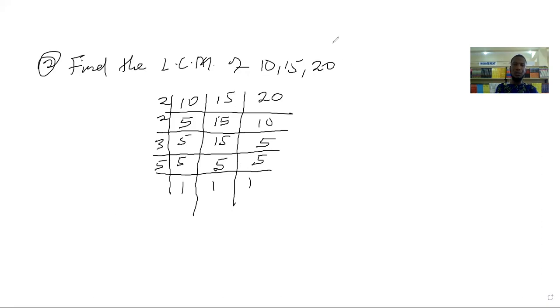So therefore, the LCM will be 2 times 2 times 3 times 5.